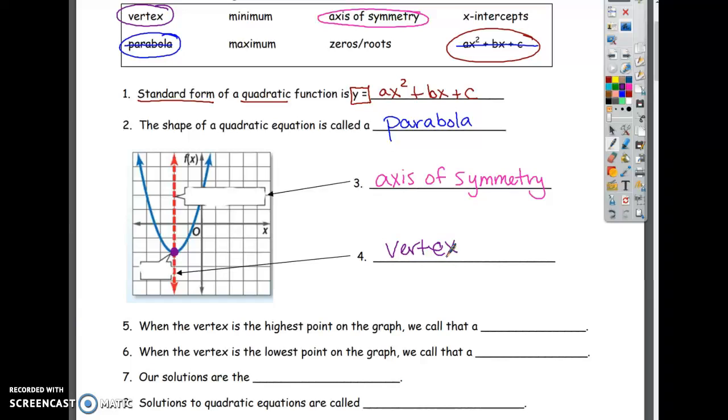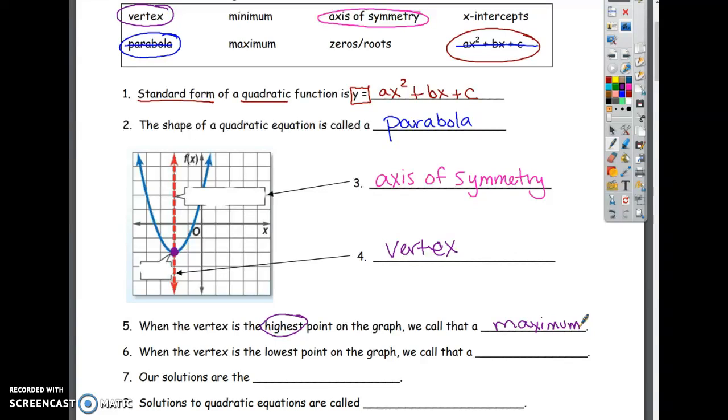So when the vertex is the highest point, what do you think it is going to be, minimum or maximum? It's going to be a maximum point. When it's the highest, el punto más alto, the highest point is a maximum.